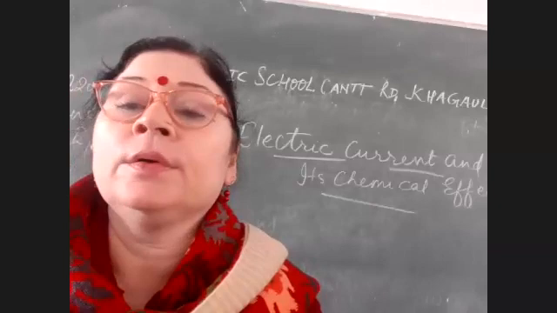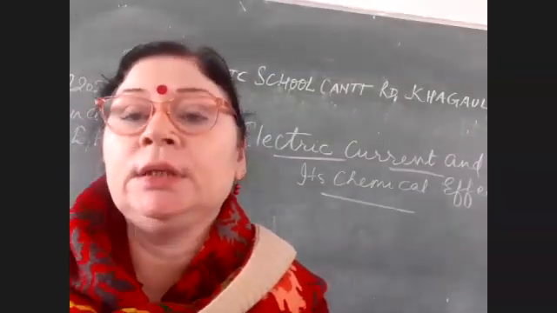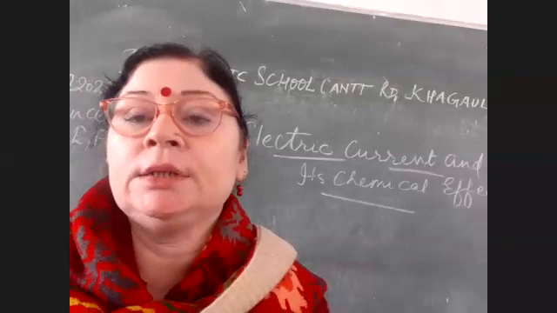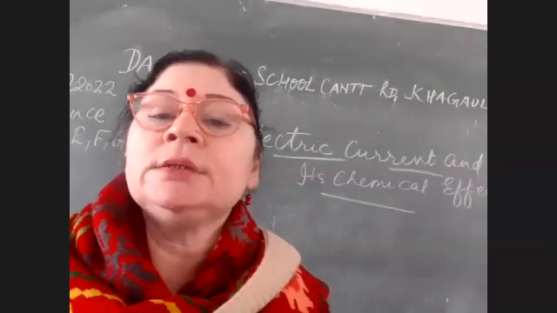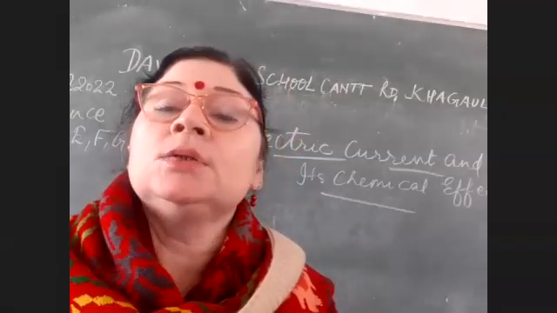Materials which allow electricity to pass through them easily are known as conductors of electricity. Here, children, we will be talking about conduction through liquids in this chapter. Clear? We will see how the conductivity can be enhanced by adding salt to it.